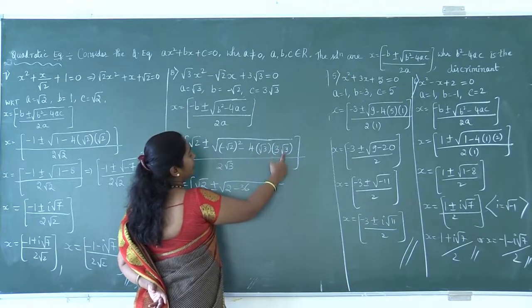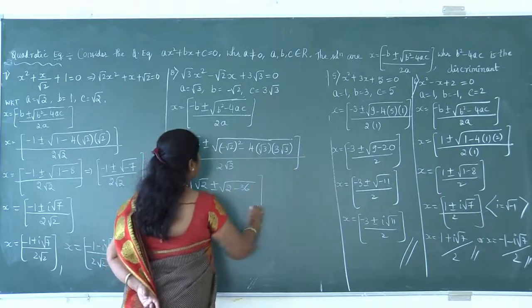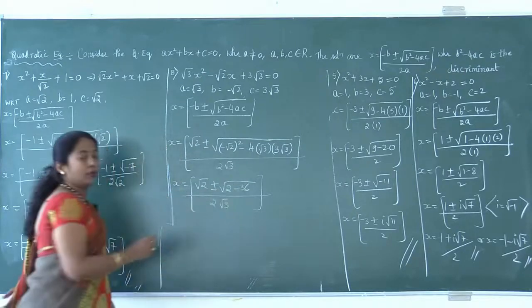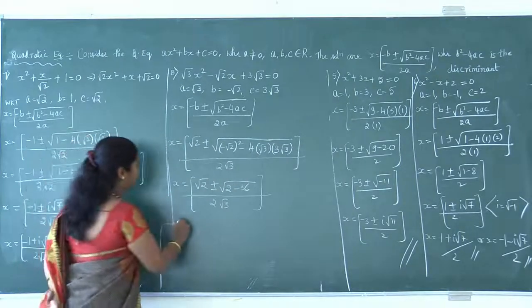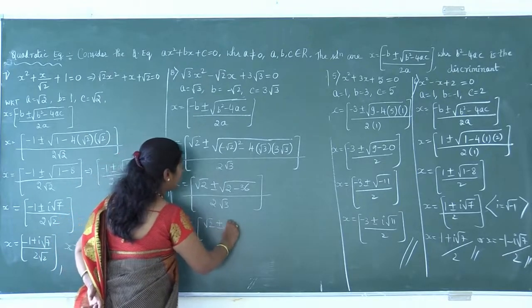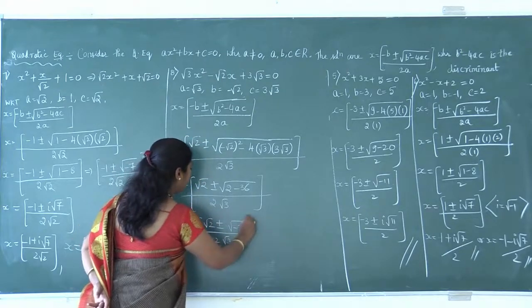Divided by 2 root 3. What is 2 minus 36? Minus 34. x is equal to root 2 plus or minus square root of minus 34 divided by 2 root 3.